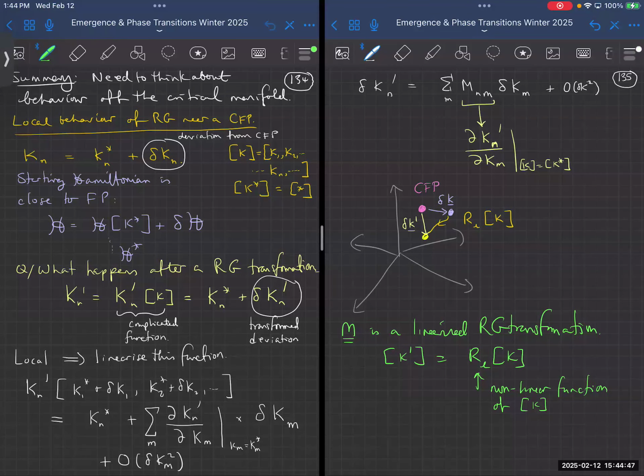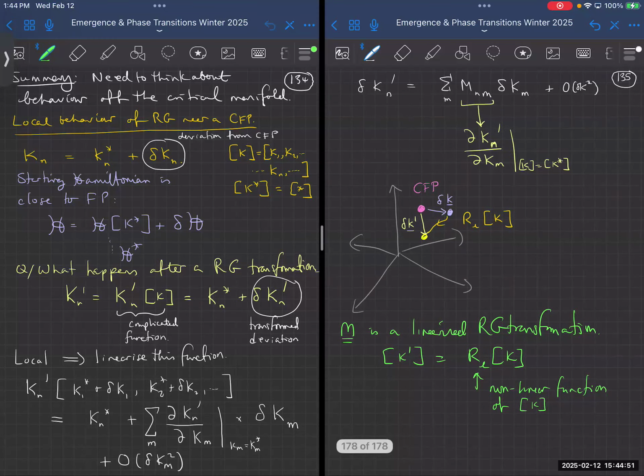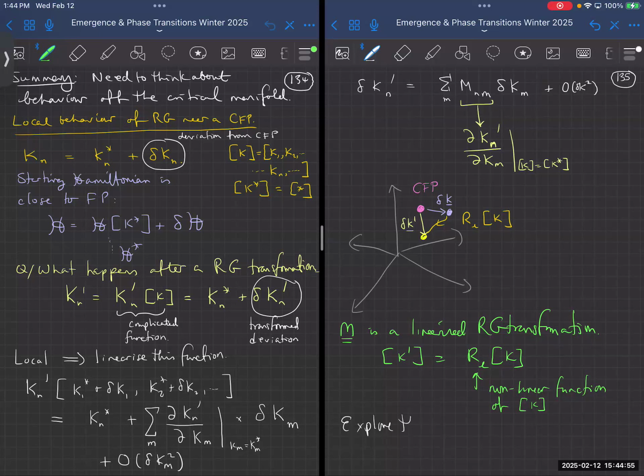Okay, so the next thing that we need to do is we need to explore the properties of this matrix.